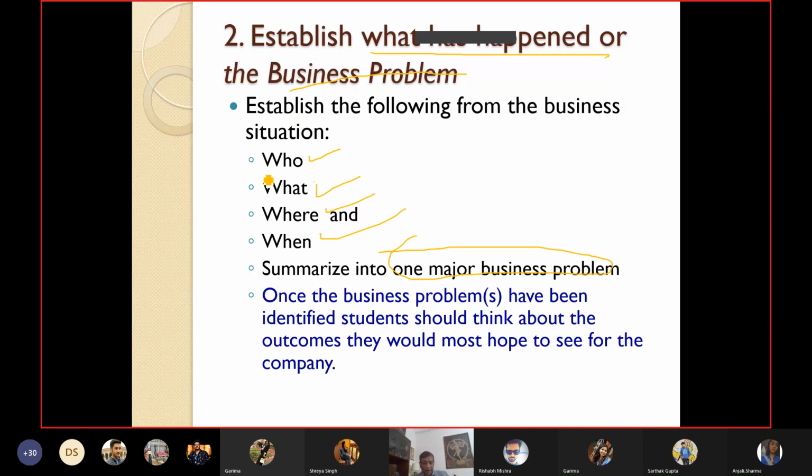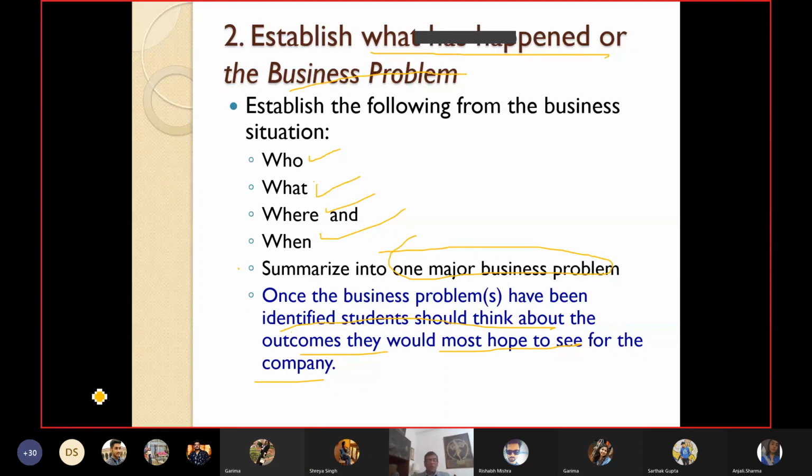Once you've identified them, as the situation may arise, you should think about the outcomes that you most hope to see for the company. That means you see what the consequences could be and therefore you present your solutions.